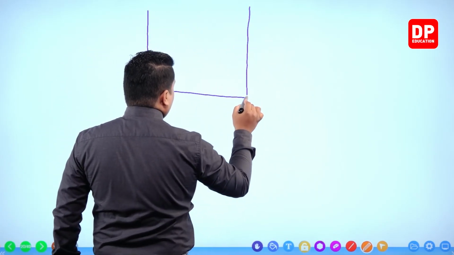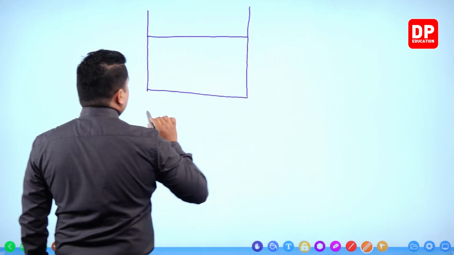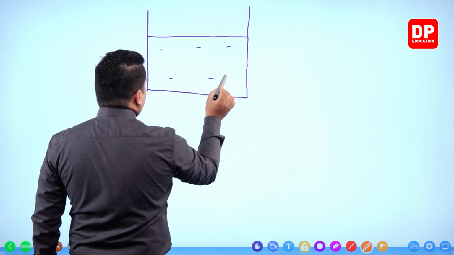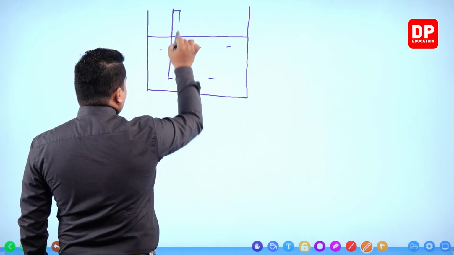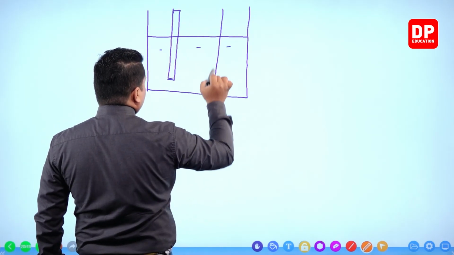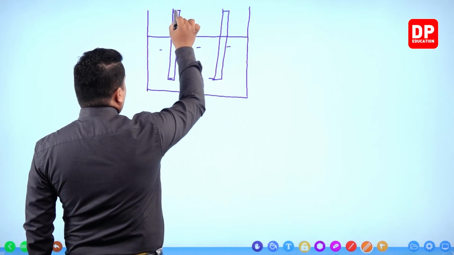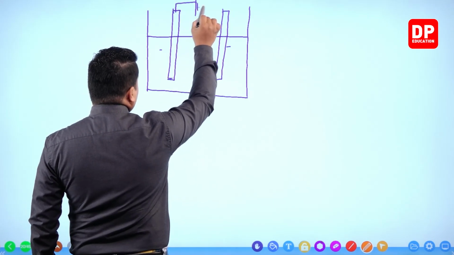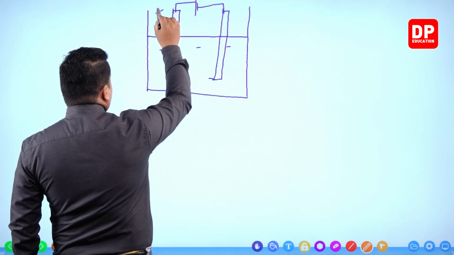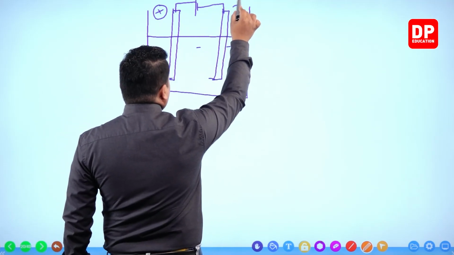So I'll draw it. This is copper sulfate, the electrodes. And now we are providing electricity. So this is the positive electrode, this is the negative electrode.